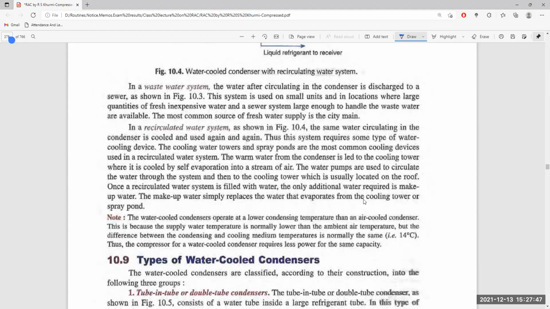Thus, a water-cooled condenser requires less power for the same capacity. Water-cooled systems operate at a lower condensing temperature than an air-cooled system, because supply water temperature is normally lower than the ambient temperature.